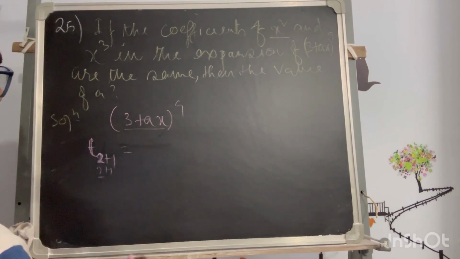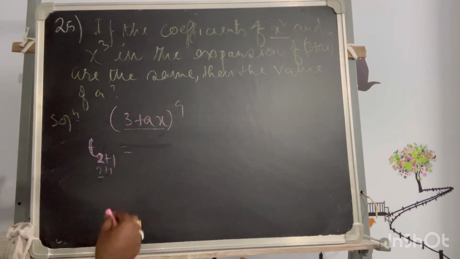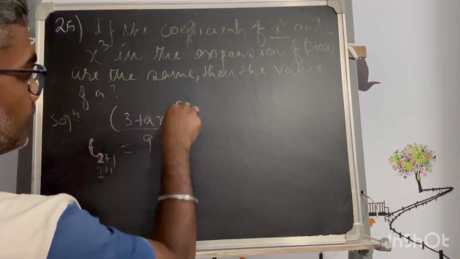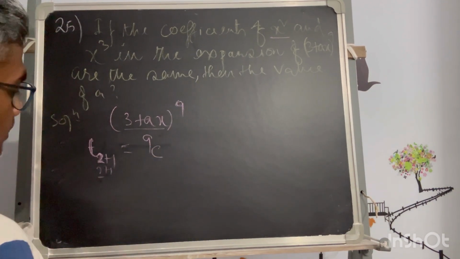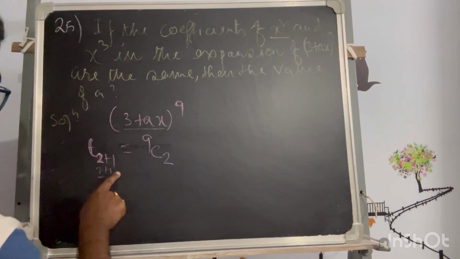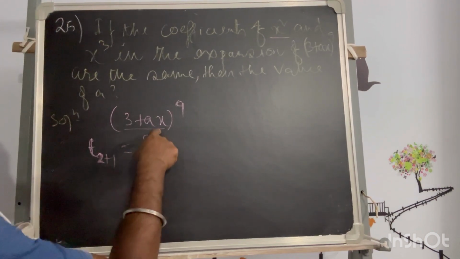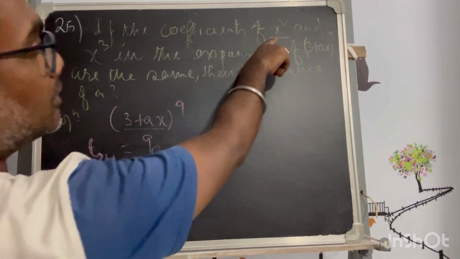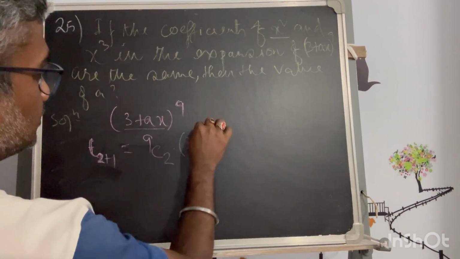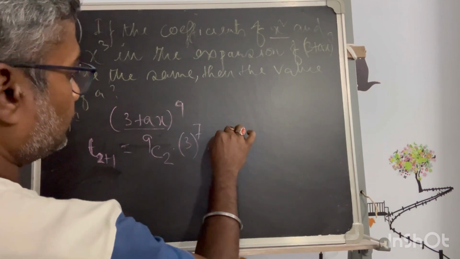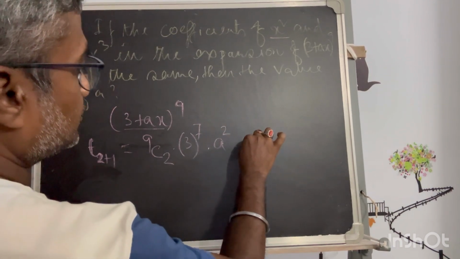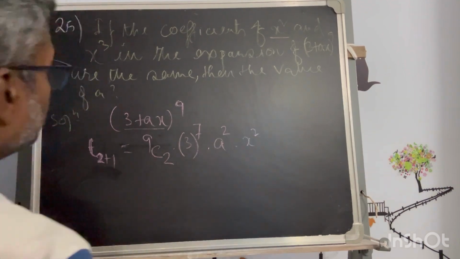That term is 9Cr with r equal to 2, then 3 to the power 7, a to the power 2, and x square.